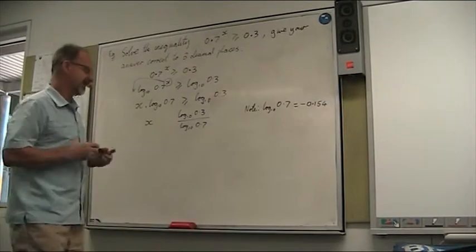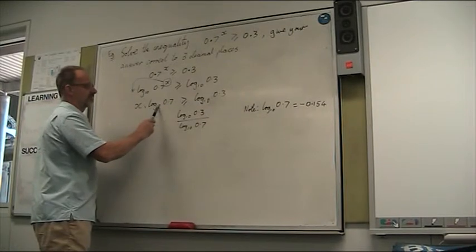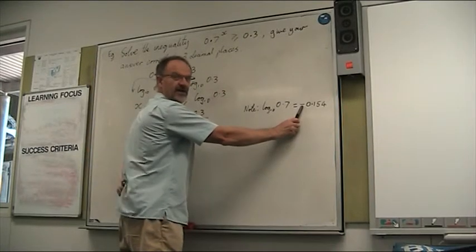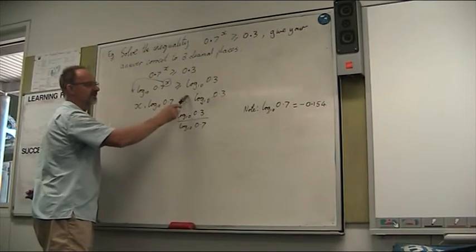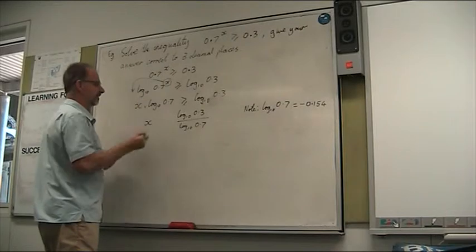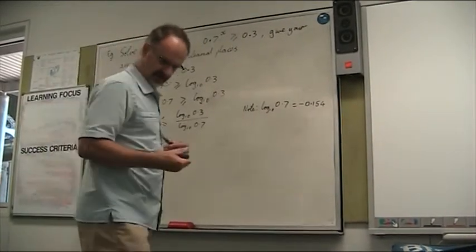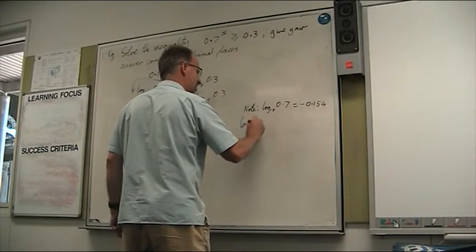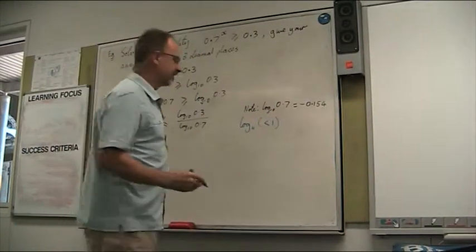So in this case, when I've divided by log to the base 10 of 0.7, I've divided by a negative number. And when we divide by negative numbers, what are we going to do with our inequality? Flip it around. Alright. And so log to the base a of any number that's less than 1 is negative.